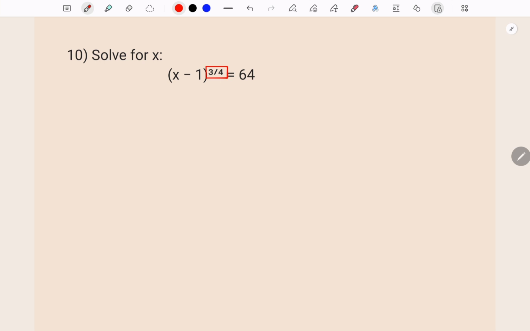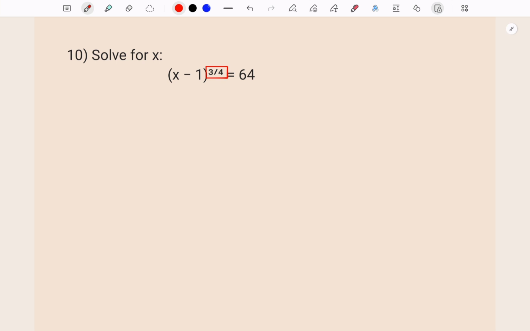So it creates difficulty. What if there is a way through which we can remove this fractional power? Would that make the question easy? Let's try to remove this fractional power and see how we can solve this question.